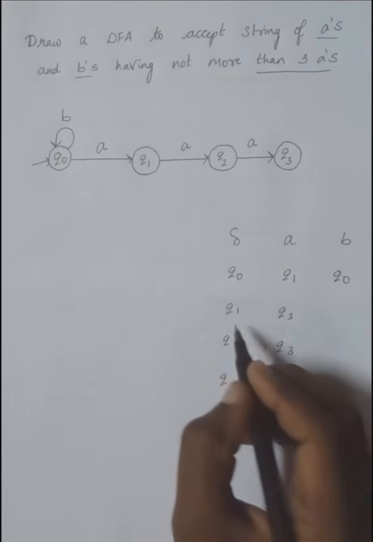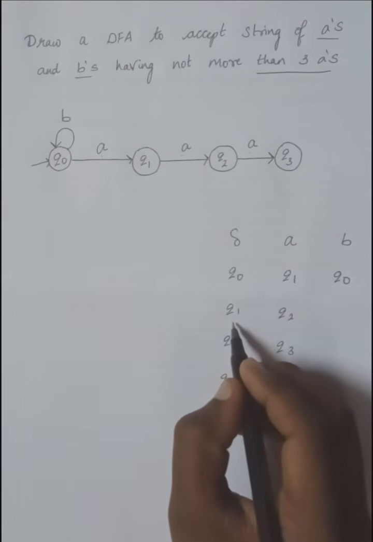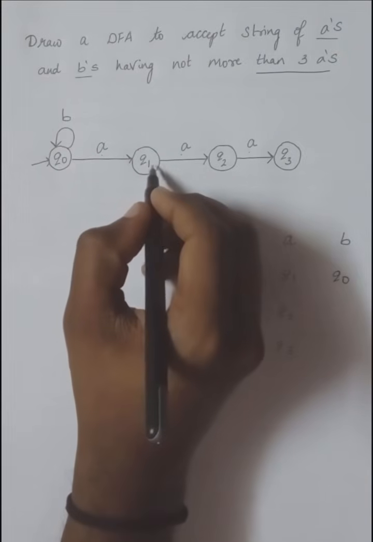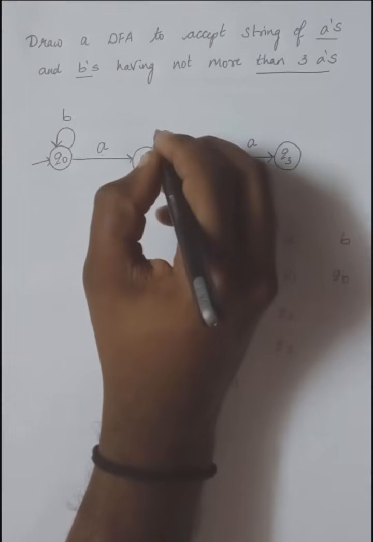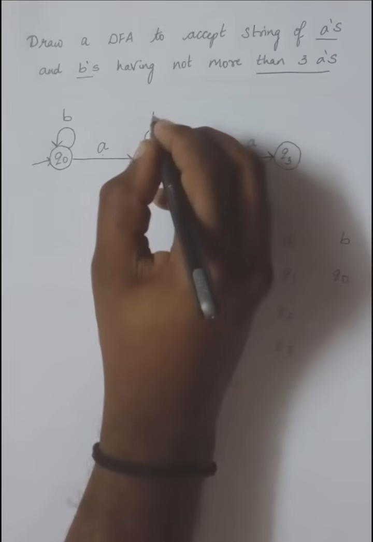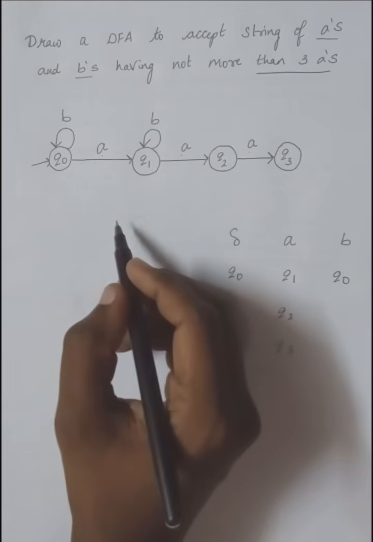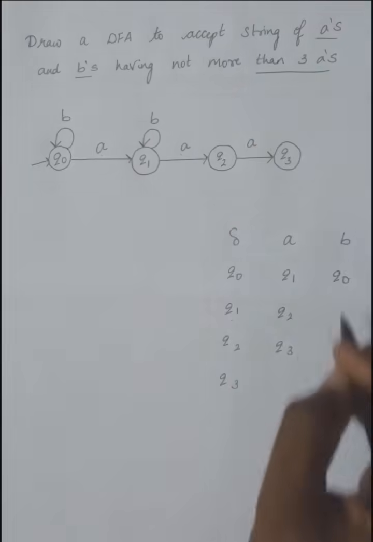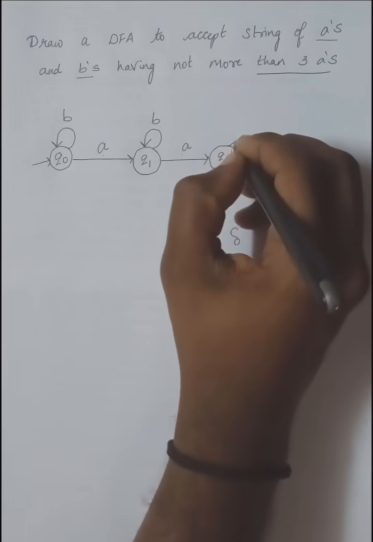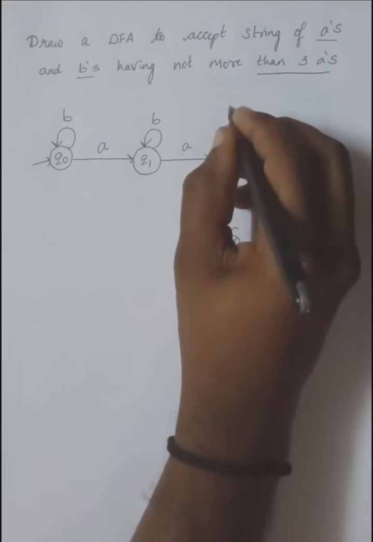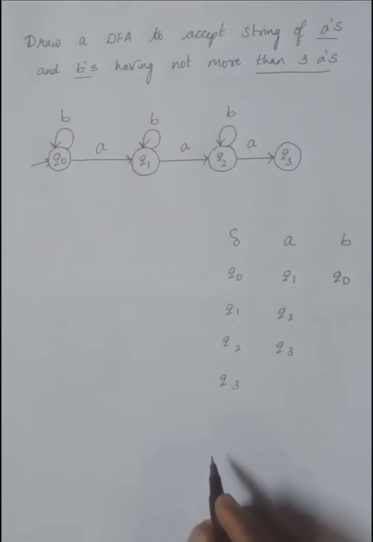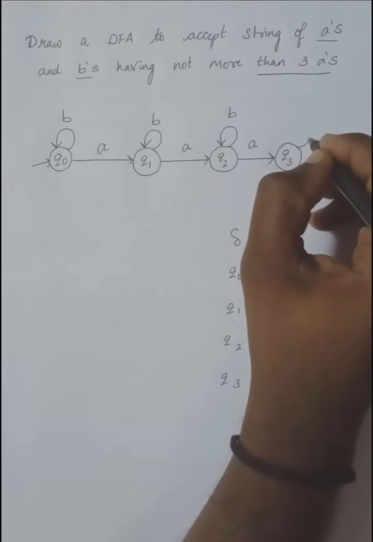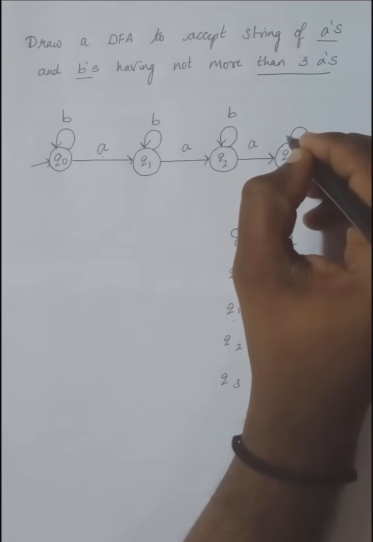Now we'll see the Q1 state. For Q1 on B input, it can also do a self loop. Any number of times we can loop on B so that it does not change our basic condition of not more than 3 A's. In the same way, Q2 can loop any number of times on B, and Q3 also can take any number of B's.